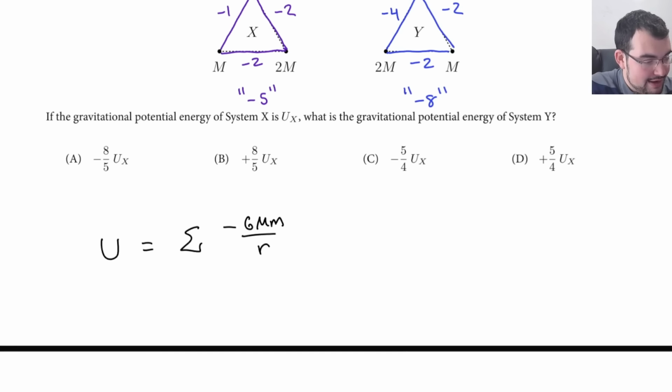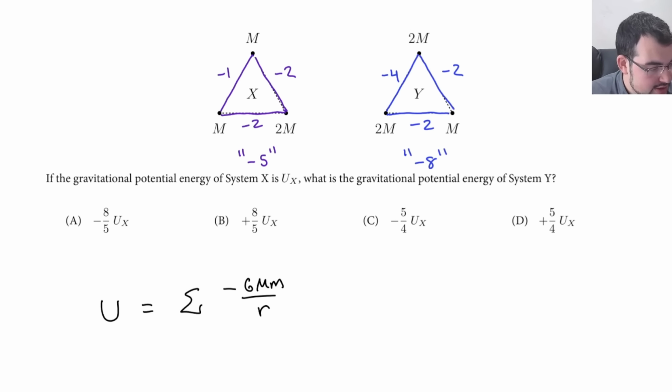So we have -5 GM squared over S and -8 GM squared over S. So notice the sign is the same, but system 2 is 8/5 of system 1. I forgot if this was 1 or 2. I'd probably guess this is 2.